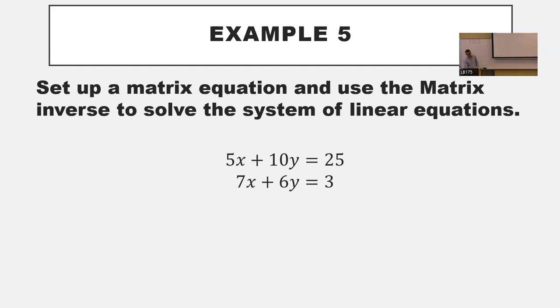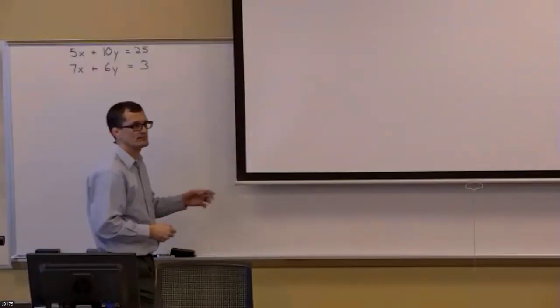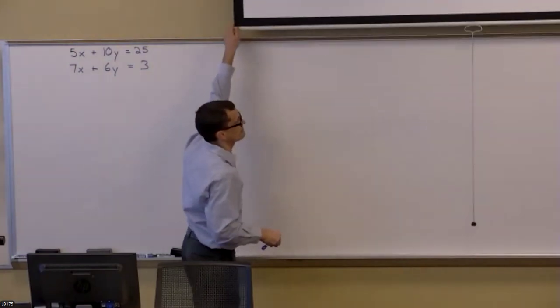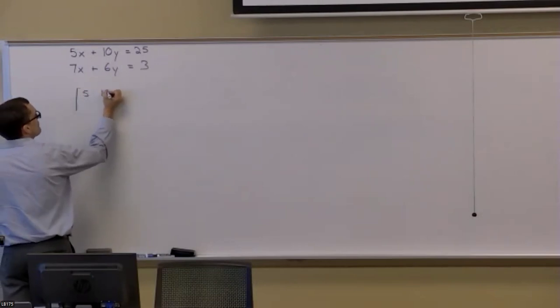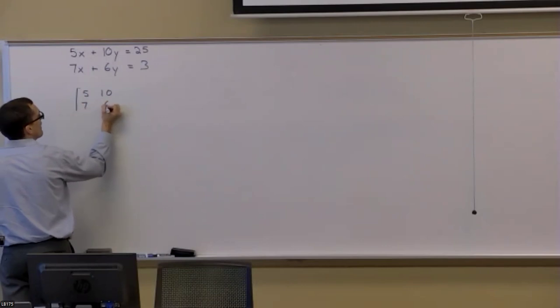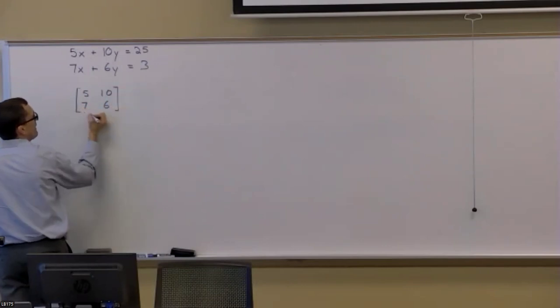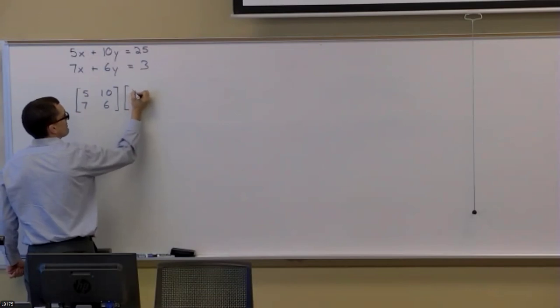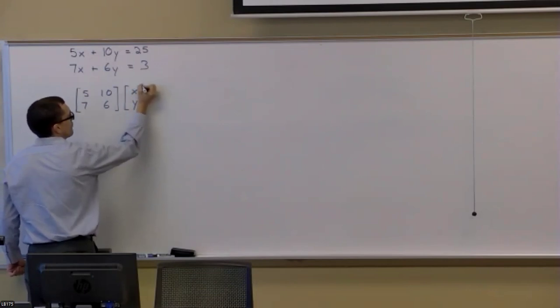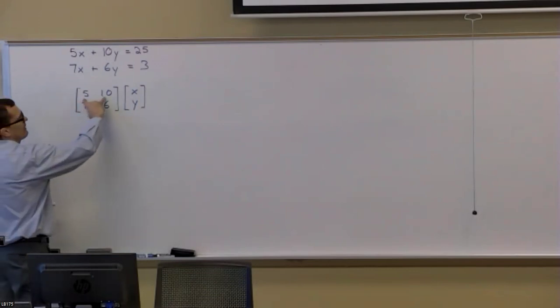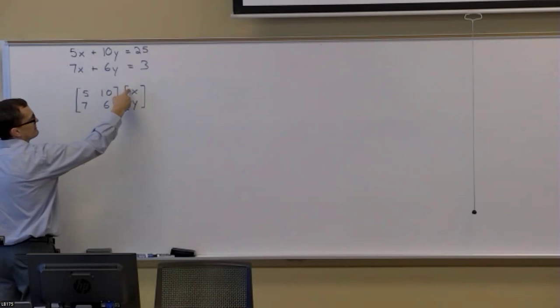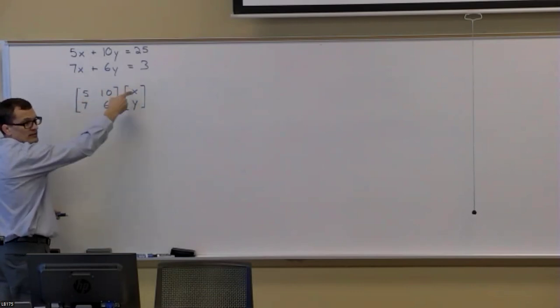What I can do is turn it into a matrix equation in the following way. We take the coefficient matrix, which is 5, 10, 7, 6, times a variable matrix, which is X, Y. Notice I have to write the XY that way so that when I multiply 5, 10 times XY, it multiplies the correct way.